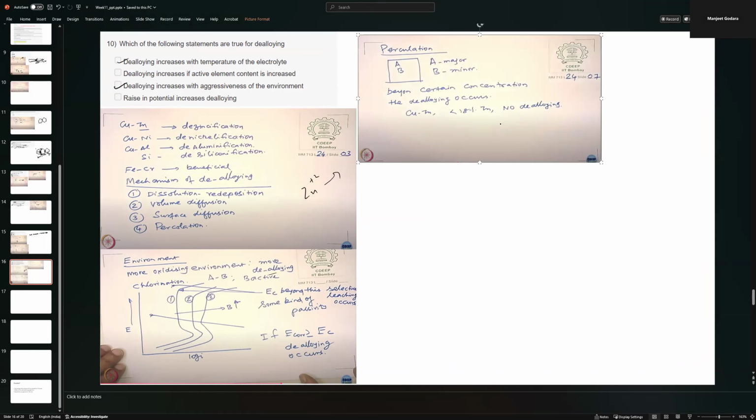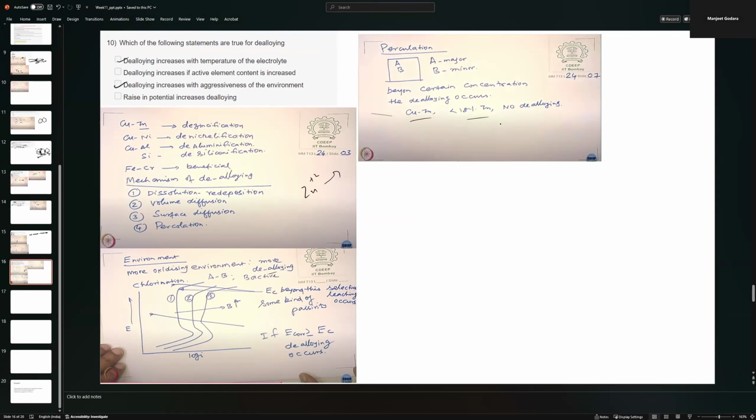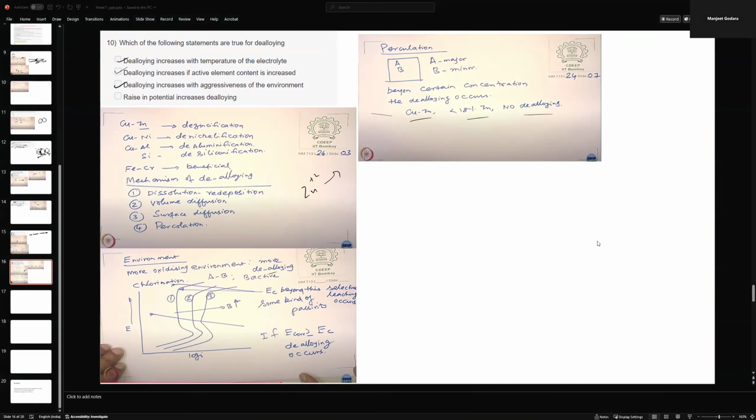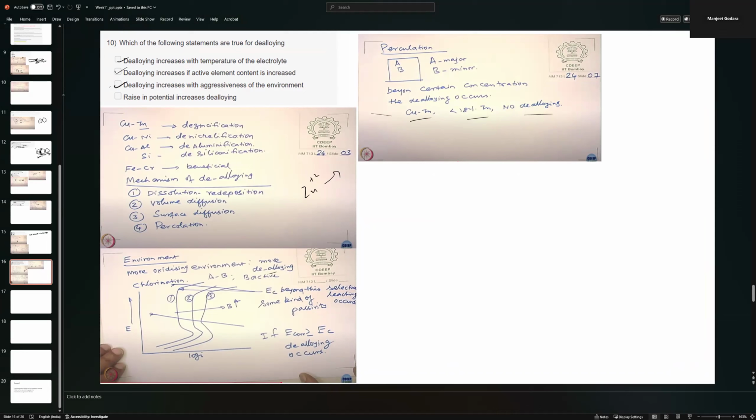With copper-zinc less than 18% zinc, there is no de-alloying. So yeah, increasing the active element also increases de-alloying. And if you increase the potential, again you're increasing the oxidation.